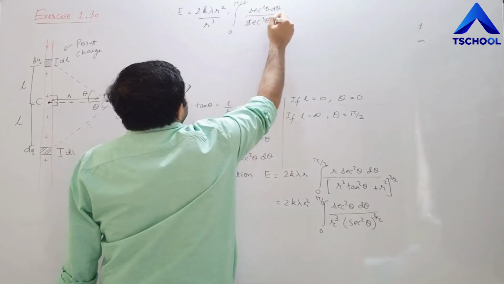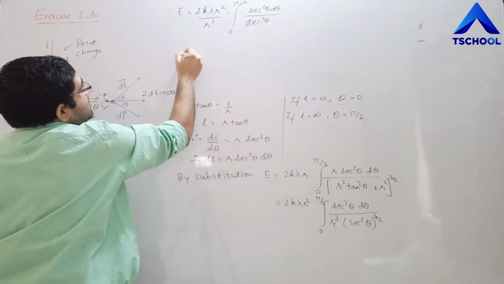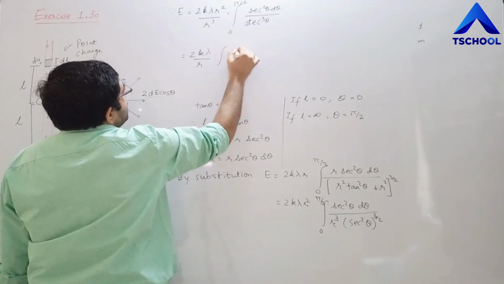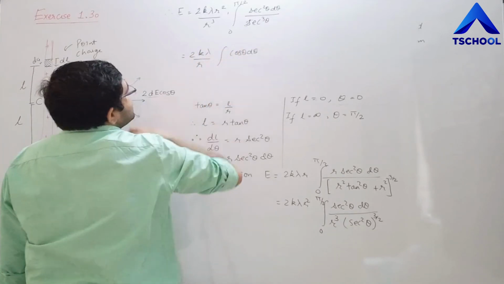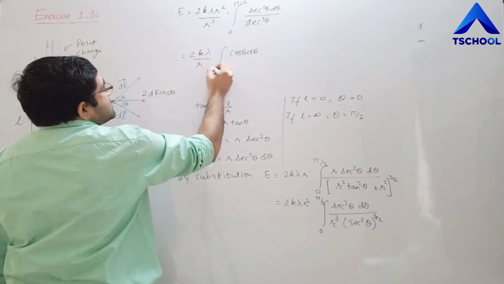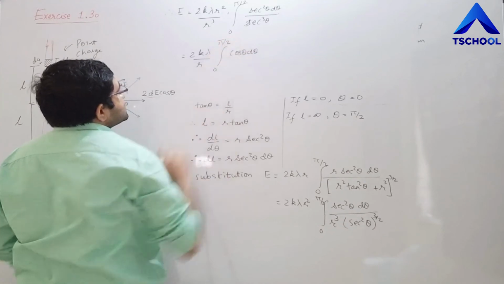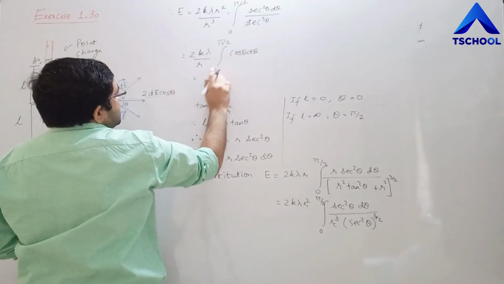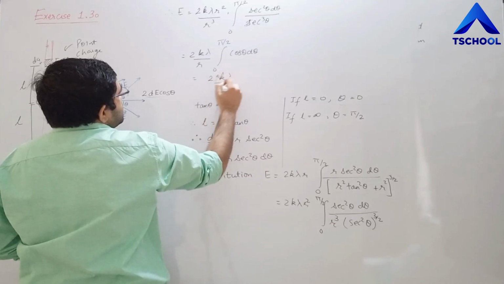So ultimately, I am sure you realize this will become integration of cos theta d theta, because sec square theta upon sec cube theta will be cos theta. Integration of cos theta from 0 to pi by 2, so that is going to be 2k lambda upon r.